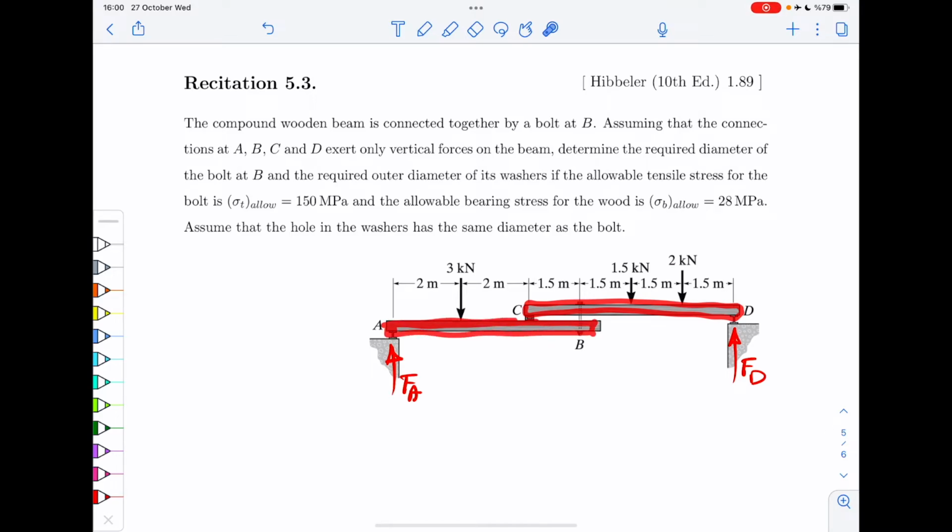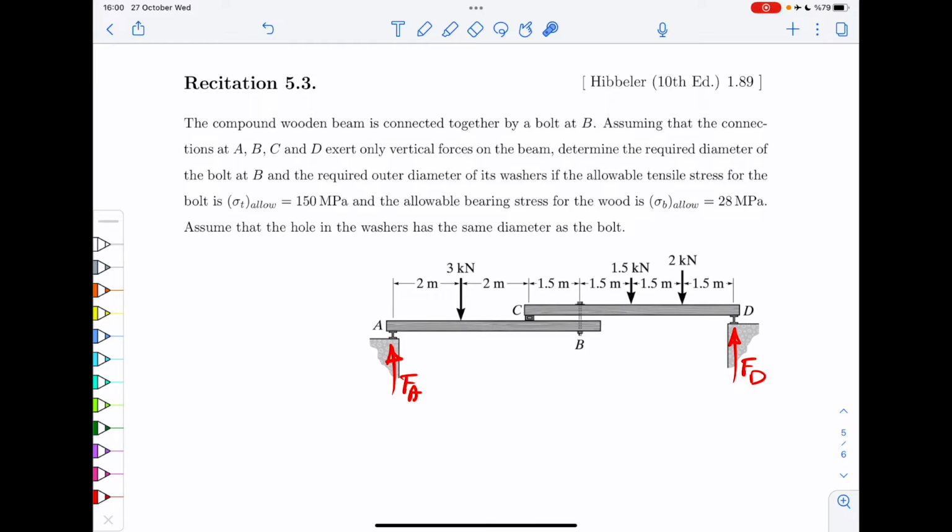And between the two, obviously, there would be some sort of interaction or inner force, action reaction, inner force FC. Here, there would be also an inner force B. So we don't know these. And we don't care so much about FC anyway, but from FB, then we can check our design for the bolt. That's the force that the bolt is supposed to carry.